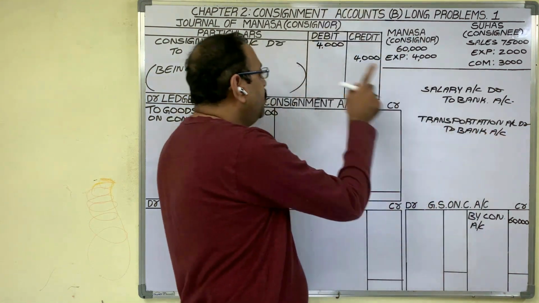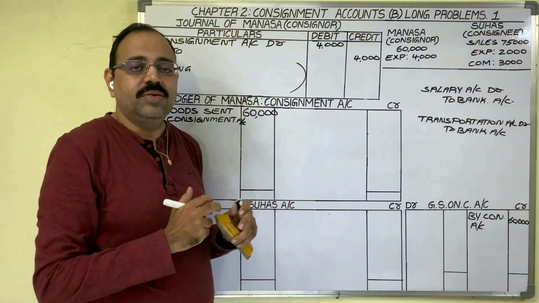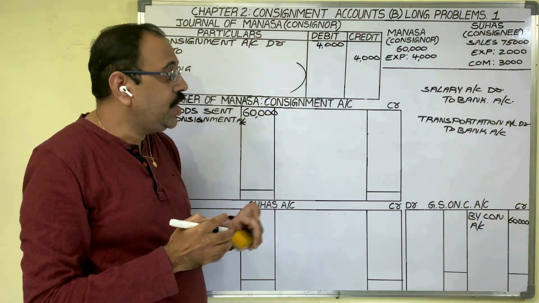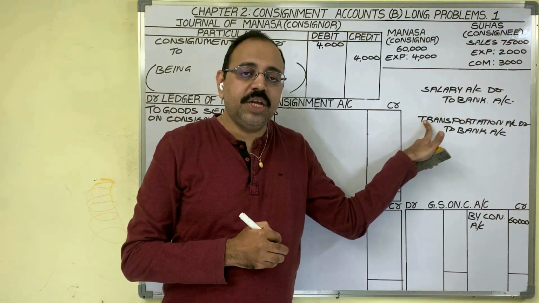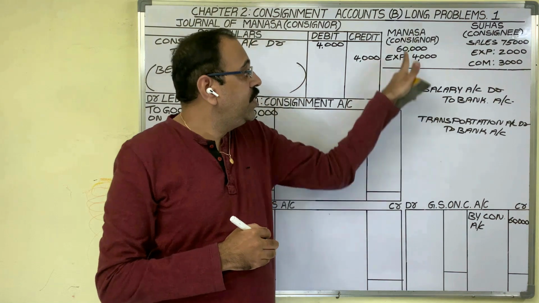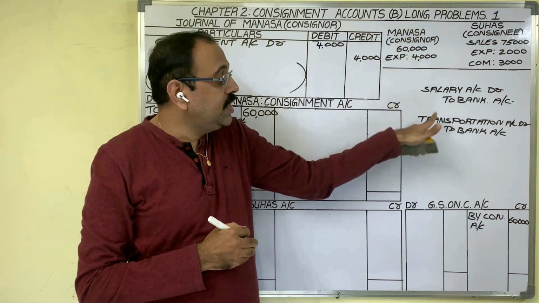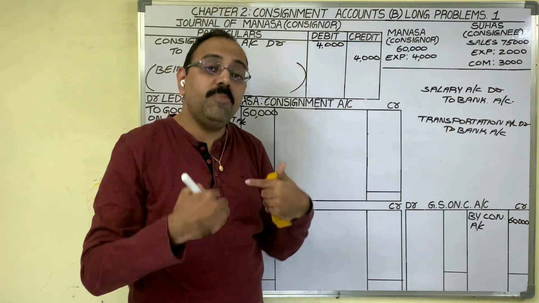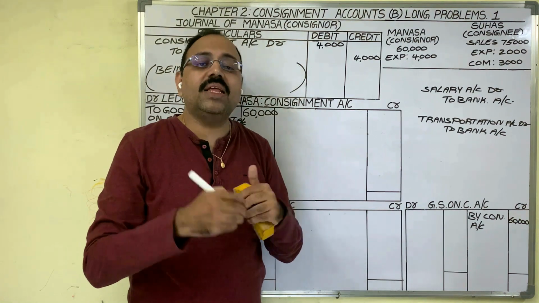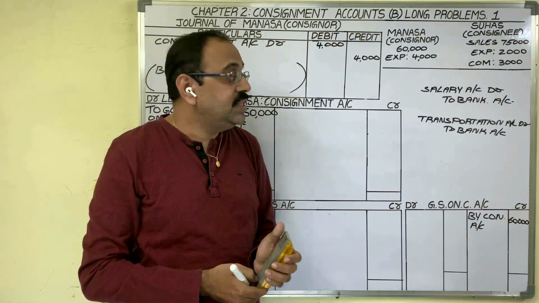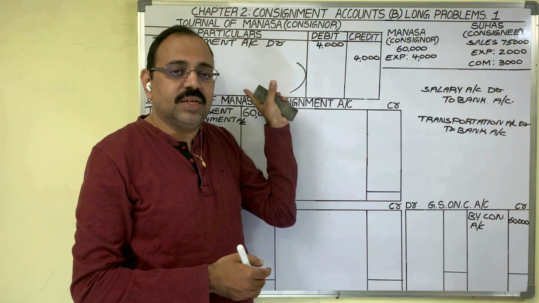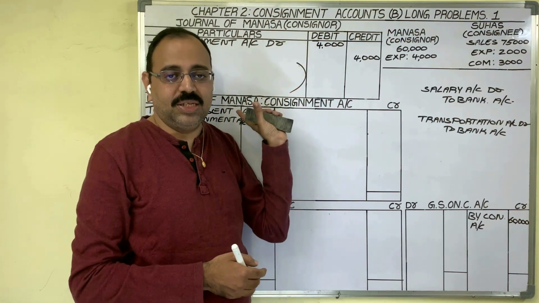If you write this entry here, it is wrong, because if Manasa is recording this transaction for her business in Hyderabad, this is not an ordinary business, this is a consignment business.